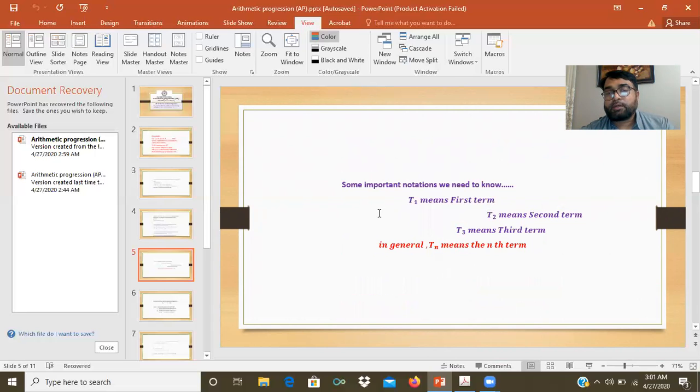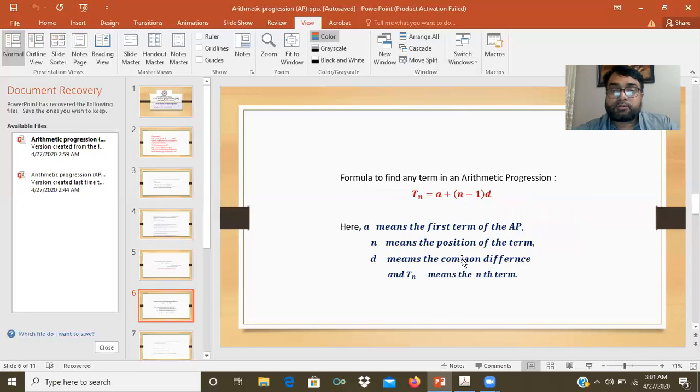Okay, so now some important notations we need to know. We use this kind of notation very often, like T1. T1 means first term, T2 means second term, T3 means third term. In general, Tn means the nth term. So this kind of notation we will use for our convenience.